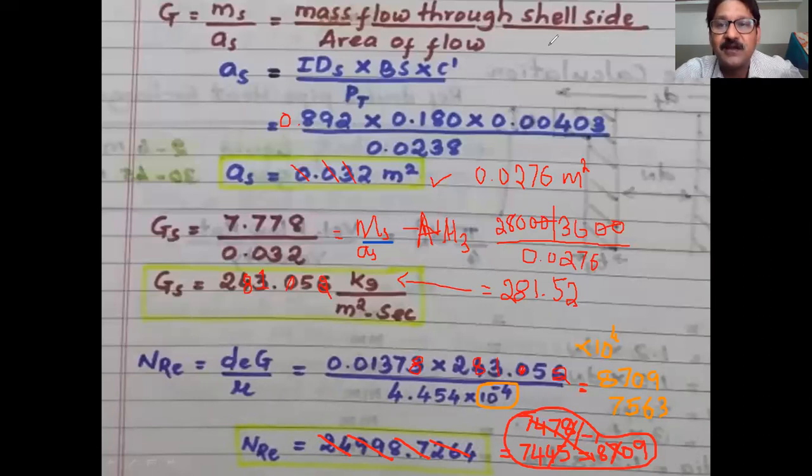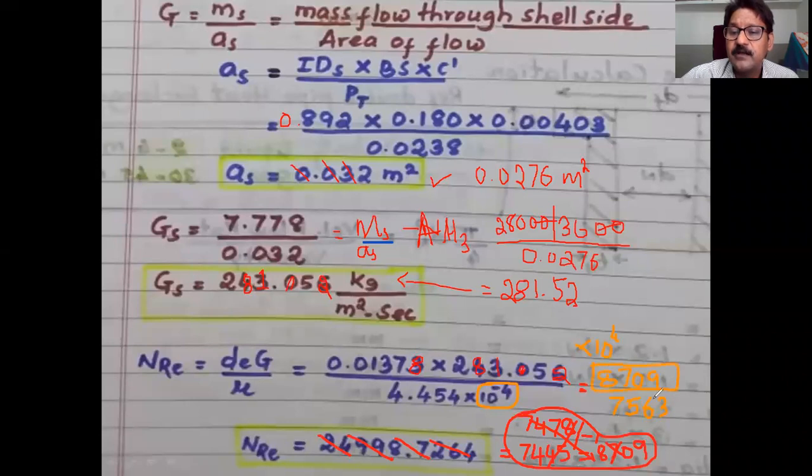One minute, I'll also calculate. 0.01378 into 281.52, this divided by 4.454, into 10,000. 8,709 is the correct answer.